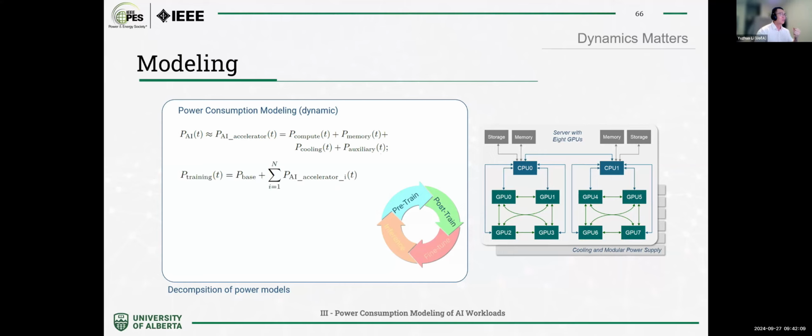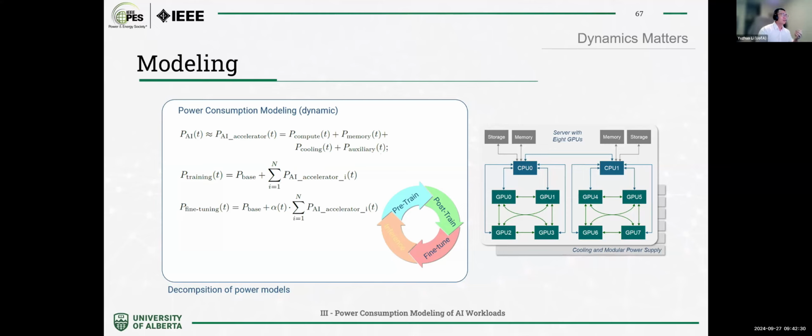On the training side, we can roughly approximate based on the base power consumption plus each individual calculating component. Fine-tuning is slightly different but very close to the training consumption.